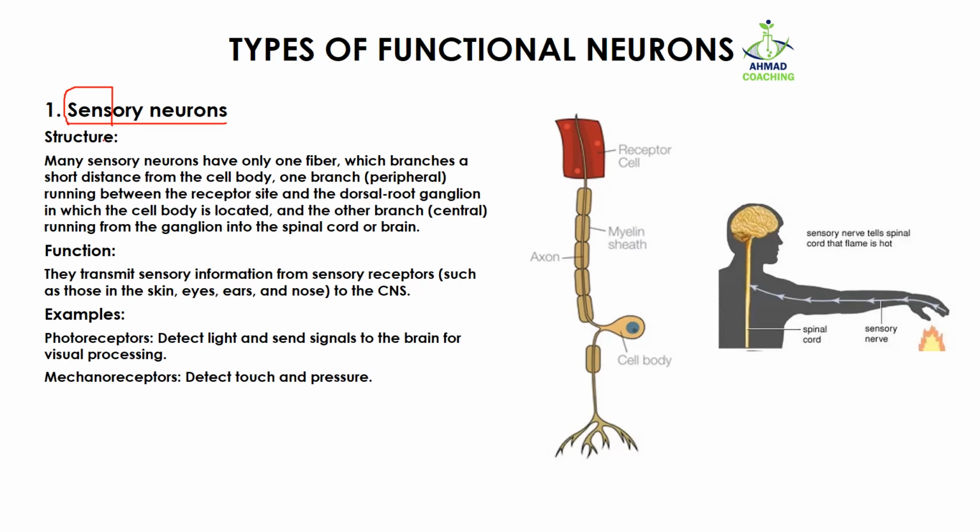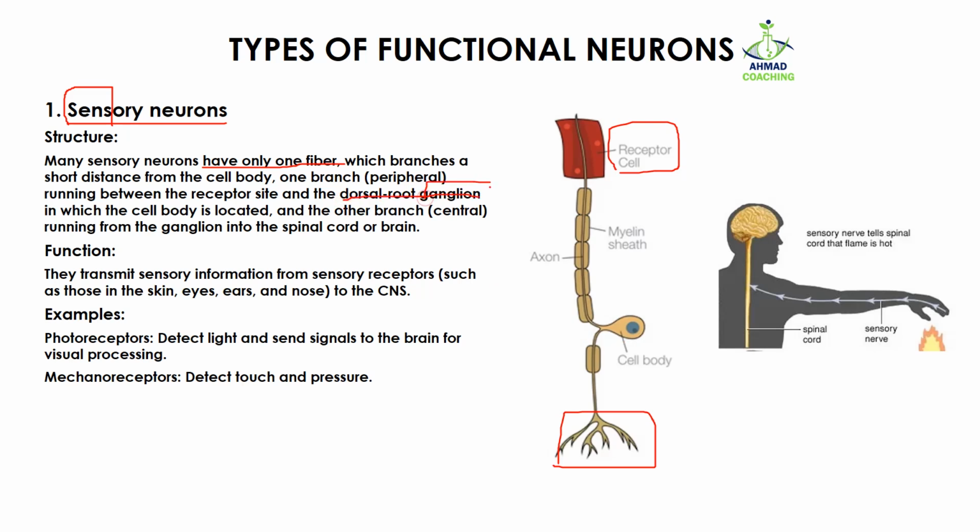Talking about the structure of sensory neurons, they have one single fiber like this. This fiber is pinched off in the form of a cell body at a short distance. So in other words, we have two branches extending from the cell body. One is going towards the receptor side, while the other one is going to the central nervous system, which includes the brain or spinal cord. The cell body is itself present in the dorsal root ganglion.